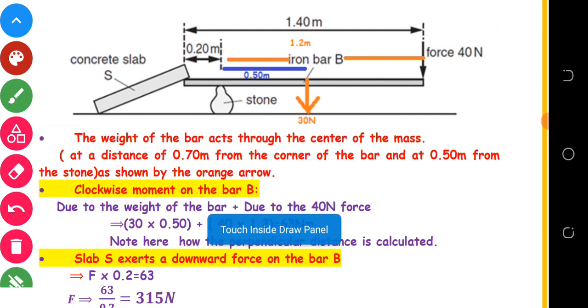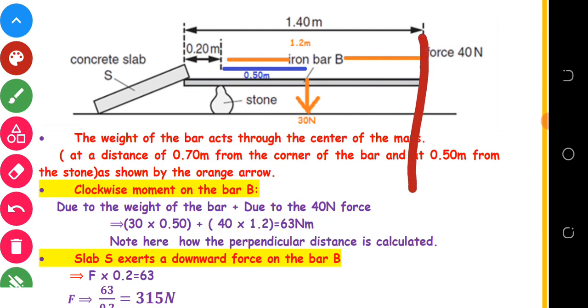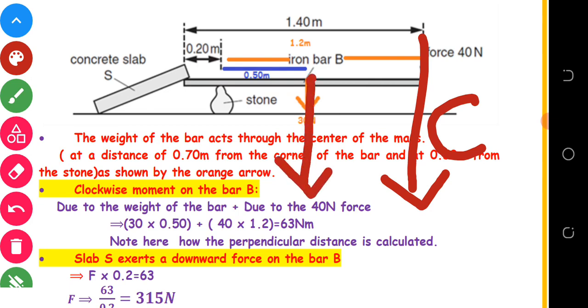First and foremost, we have this 40 Newton force acting in this direction, which is clockwise. Then we have the weight of the iron bar, which is a 30 Newton force. It's also acting in this direction, which is clockwise.